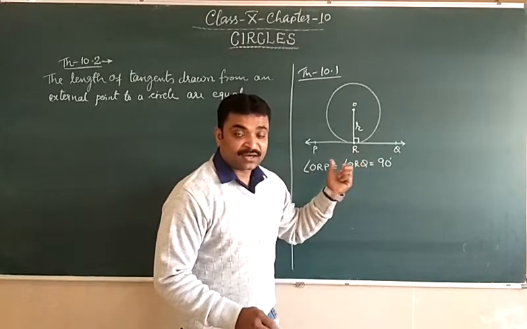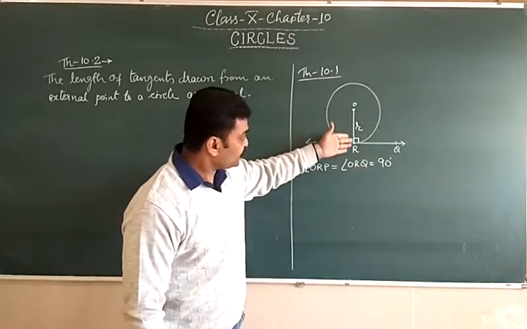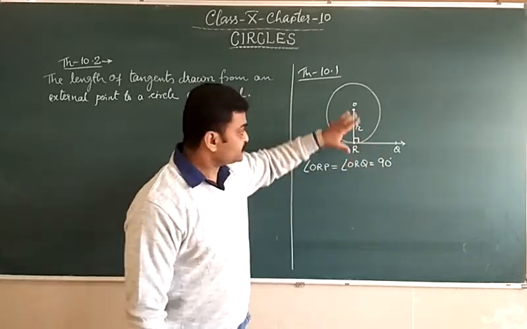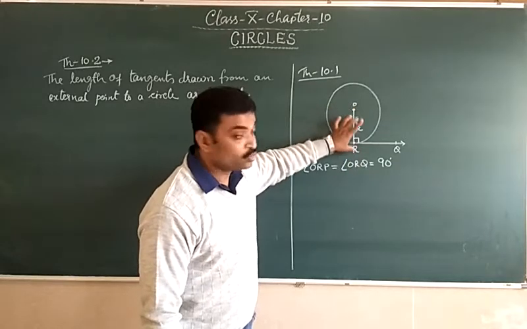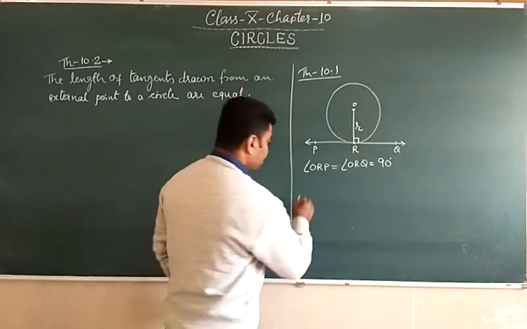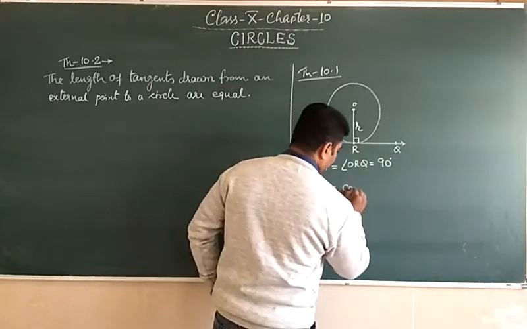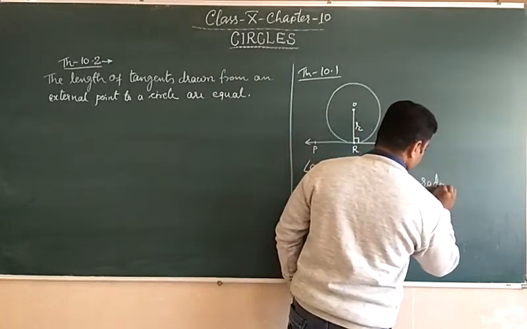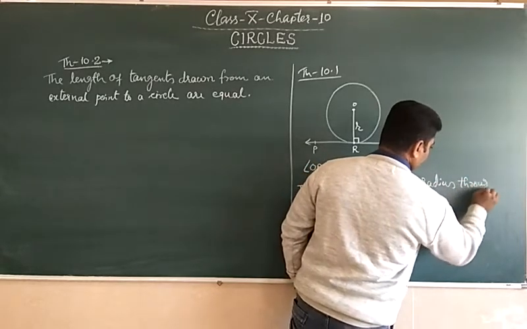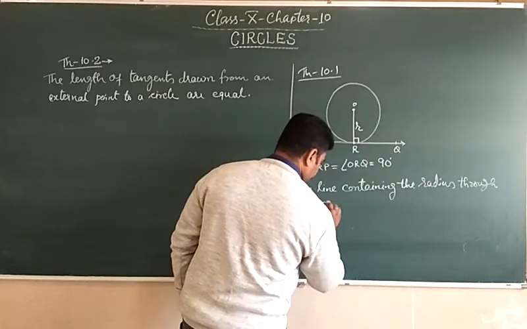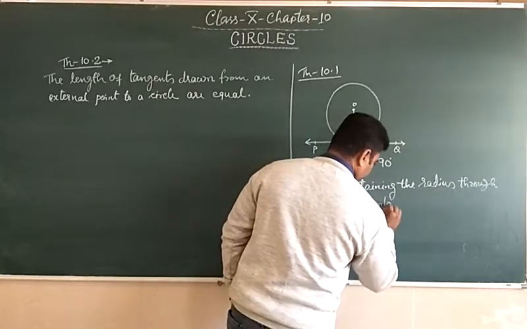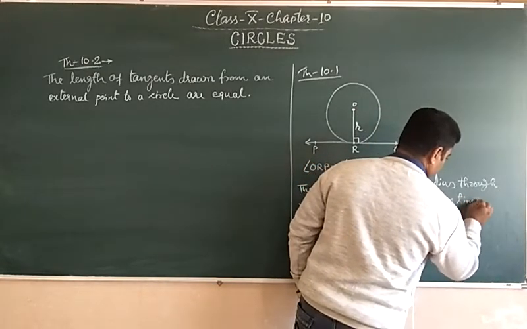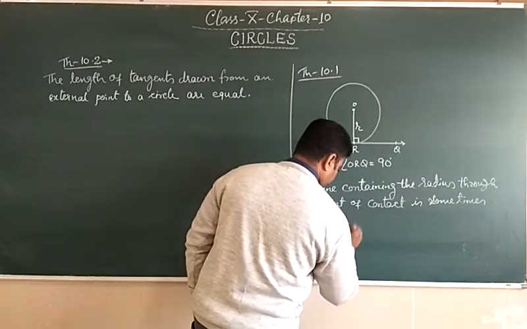the line containing the radius, this radius line, the line containing the radius through the point of contact is sometimes called normal.